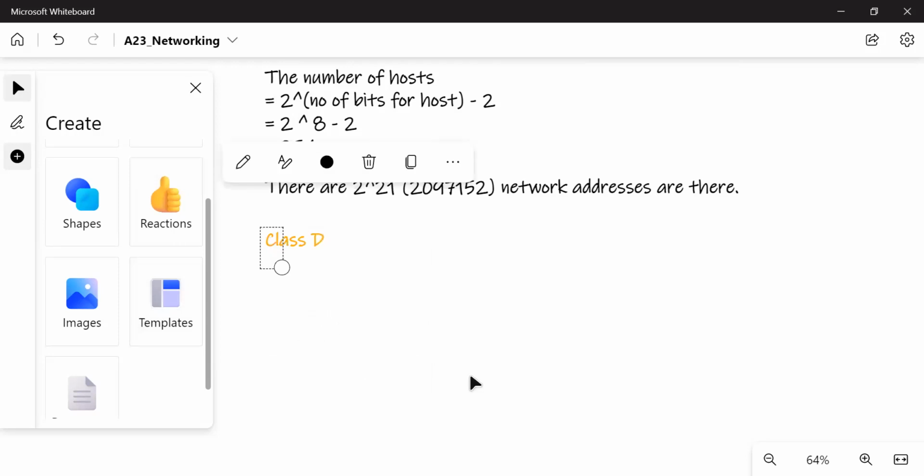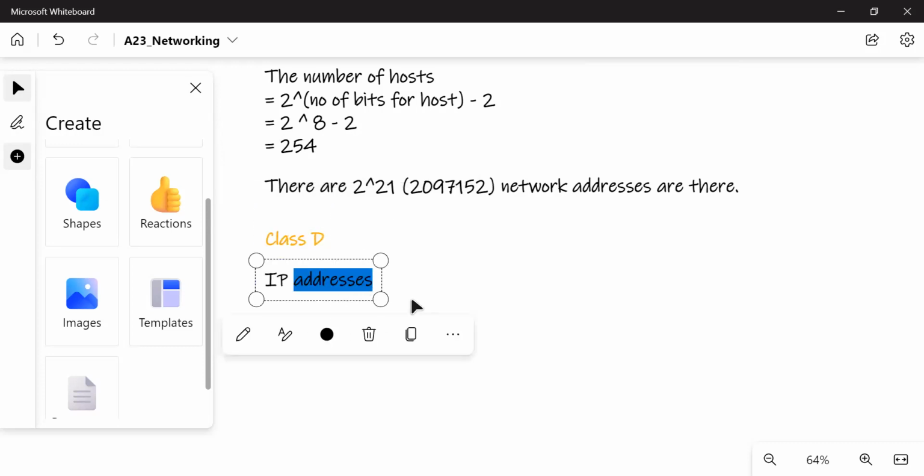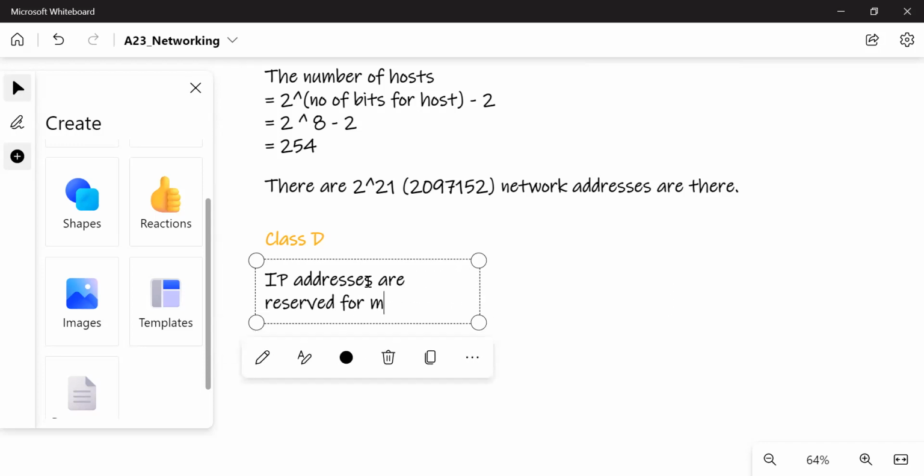In this particular case, class D IP addresses are allocated and reserved for multicasting.